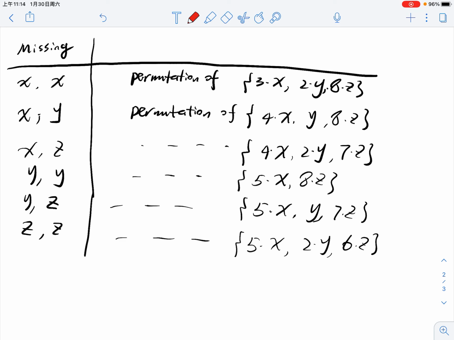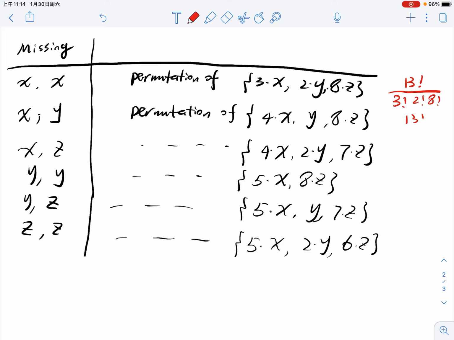Okay, now what is the number of permutations in each case? For the first one, you have 13 factorial divided by 3 factorial, 2 factorial, 8 factorial, using the previous result.